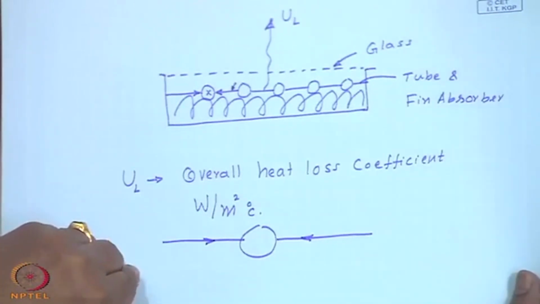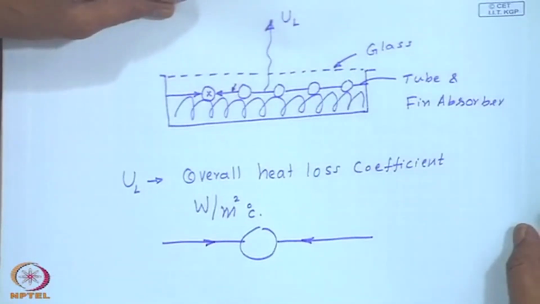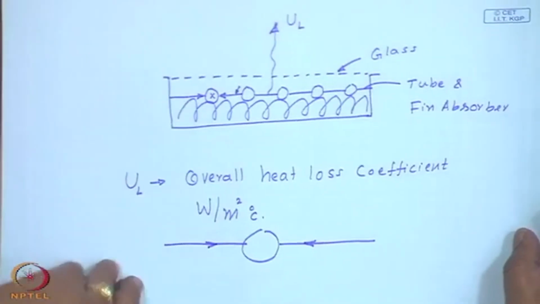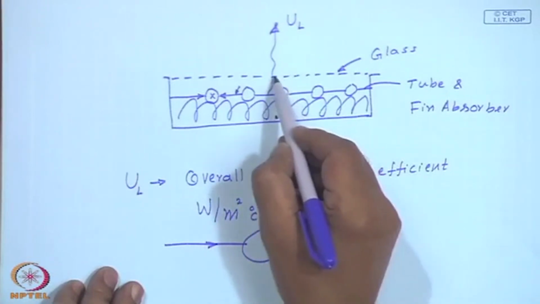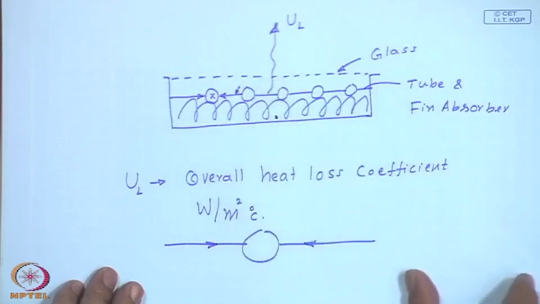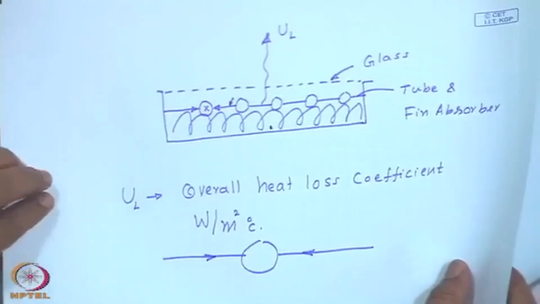So, this is based upon the fact that a black painted surface will absorb solar radiation more than a non-black painted absorber, and to reduce the losses we have put an insulation at the bottom and then a glass cover at the top to reduce radiation and convection losses. Still there is a certain loss taking place at the rate of UL watts per meter square degree centigrade.